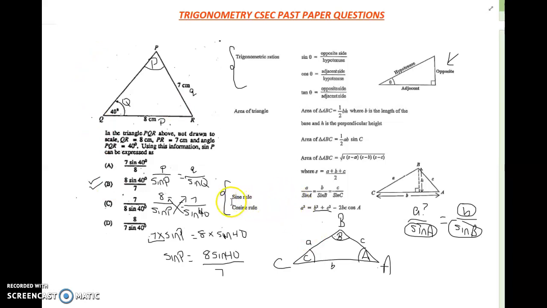And well, in this case, it was just the sine rule. This was looking at past papers from 1981 coming up to 2020. Again, I could be wrong, I may have left out something, but this is all that was seen. So just make a note of that.